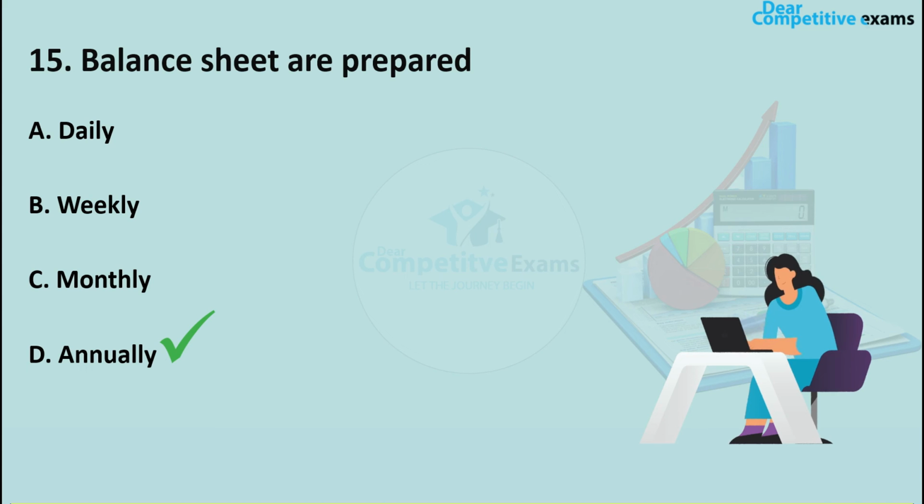It lists the current and fixed assets on the left side of the sheet and liabilities and owner's equity, that is called capital, on the right side, and it is prepared every year. So the balance sheet is prepared annually, that means yearly.